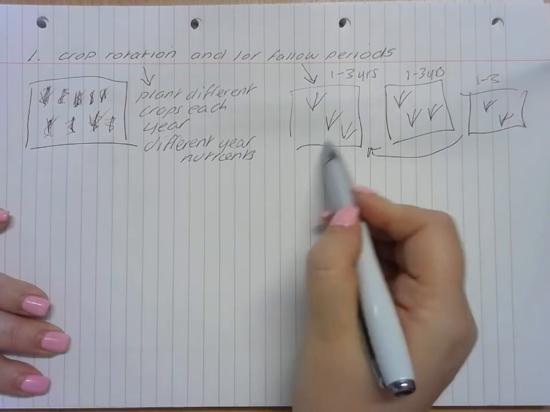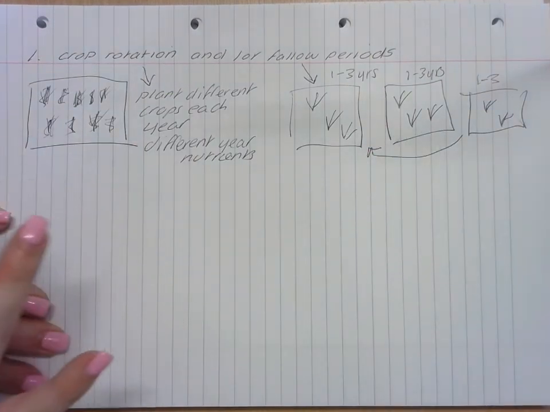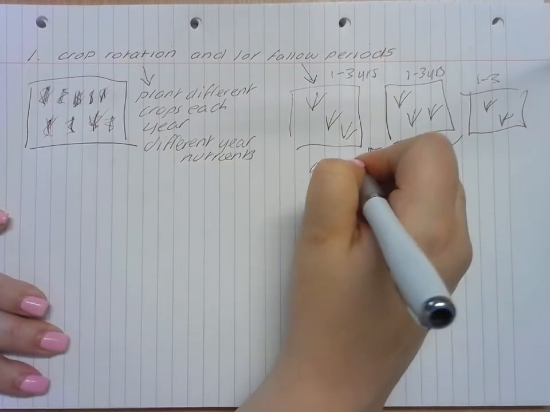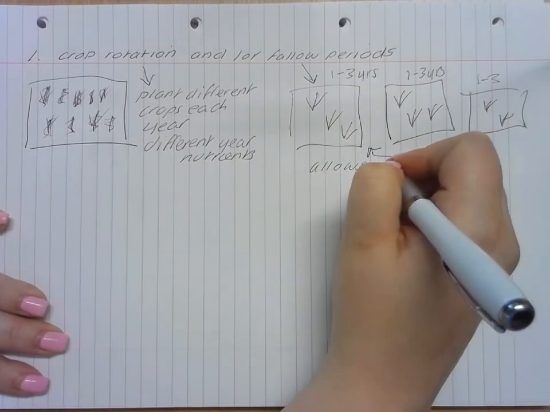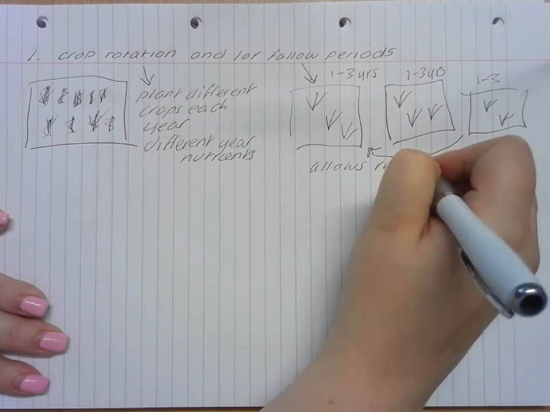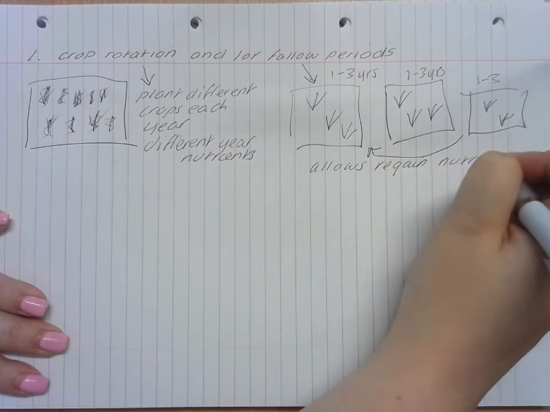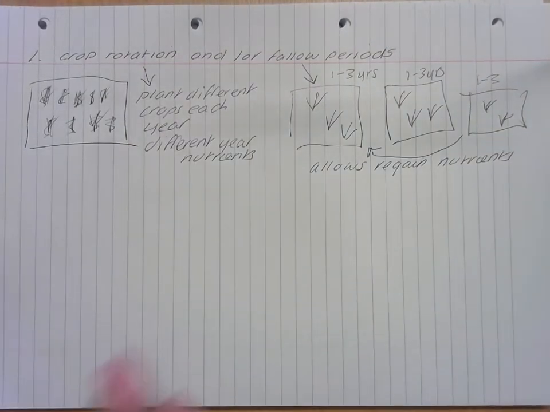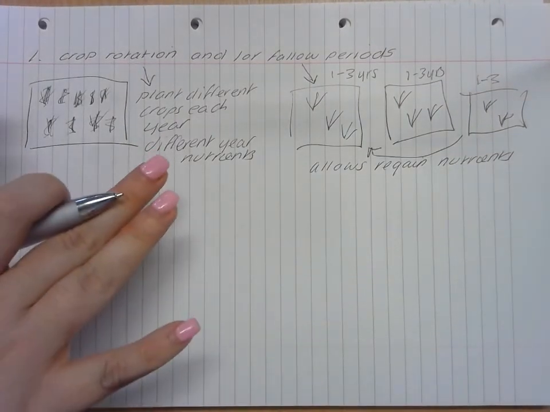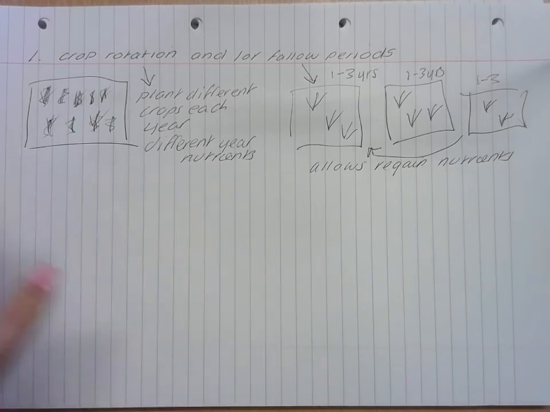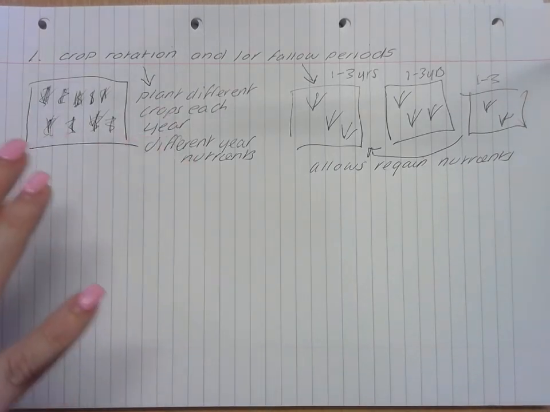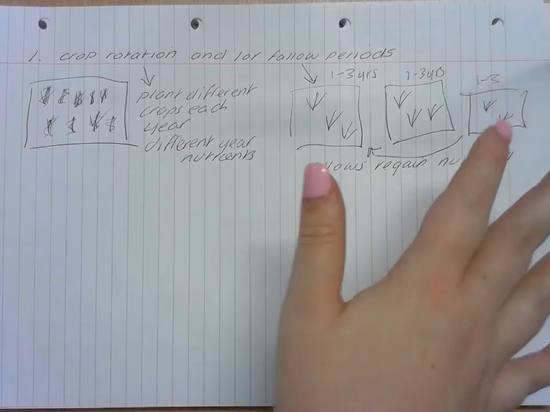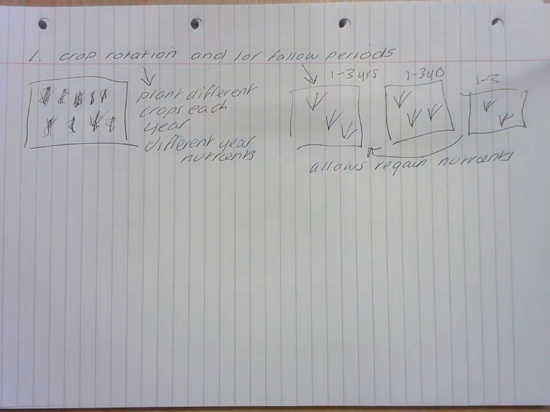What this does, by leaving the fields fallow, leaving them alone, allows them to regain their nutrients. It allows them to go through the nutrient cycle, for things to grow, to die, to decay into the soil, and then repeat. So leaving the area alone for a set amount of years allows the nutrient cycle to recover.